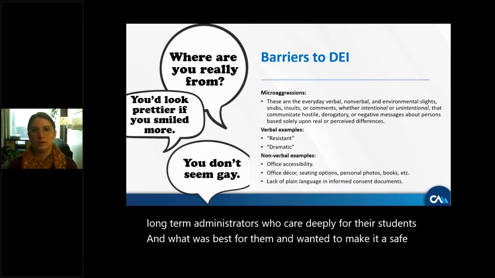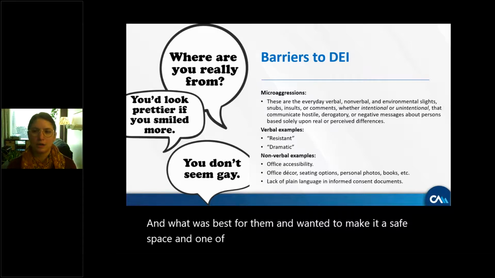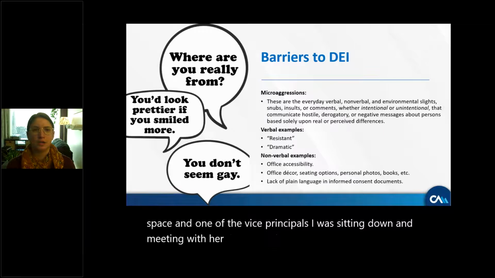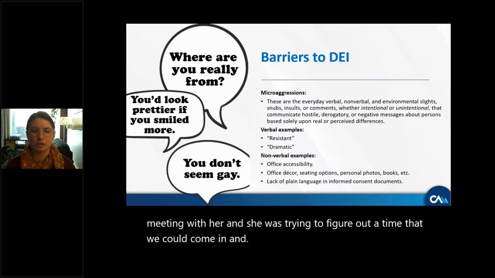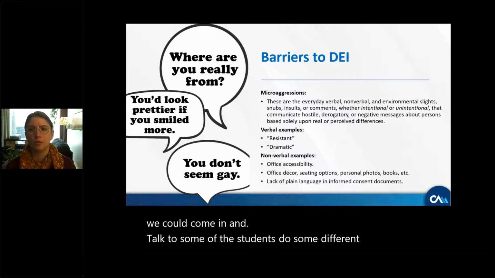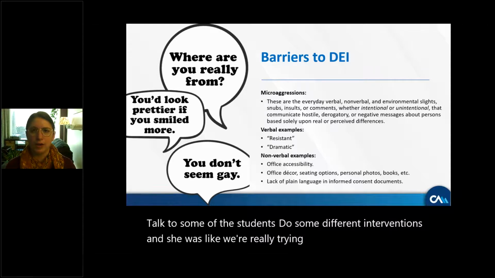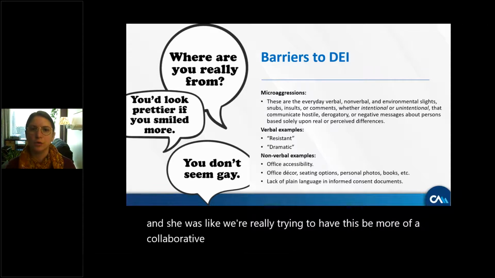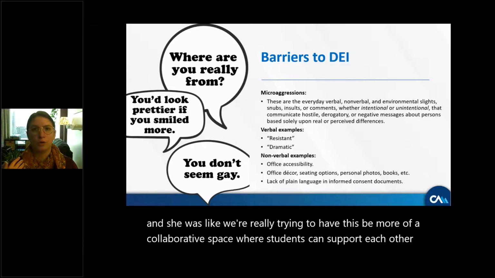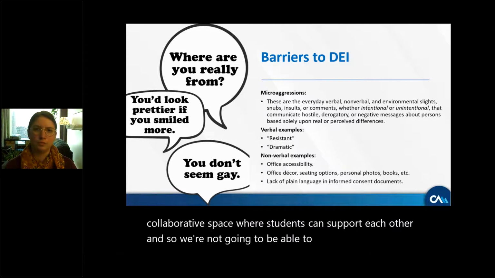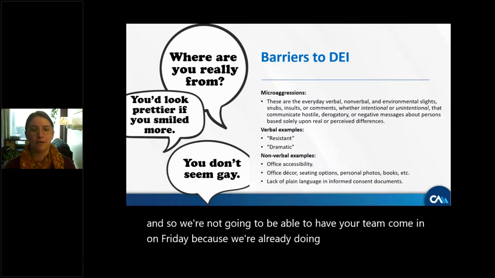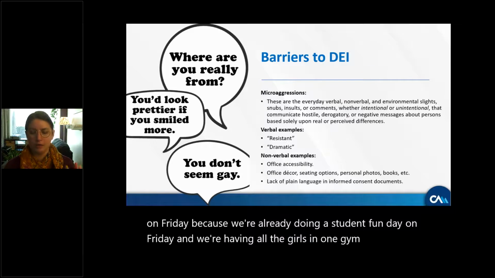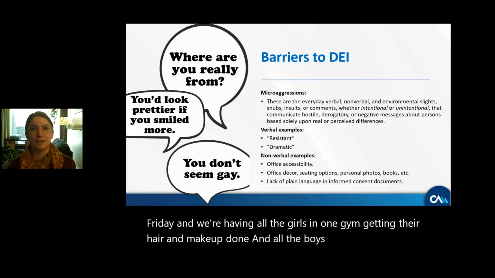And one of the vice principals, I was sitting down in a meeting with her, and she was trying to figure out a time that we could come in and talk to some of the students, do some different interventions. And she was like, we're really trying to have this be more of a collaborative space where students can support each other. And so we're not going to be able to have your team come in on Friday because we're already doing a student fun day on Friday. And we're having all the girls in one gym getting their hair and makeup done and all the boys in the other gym playing laser tag.